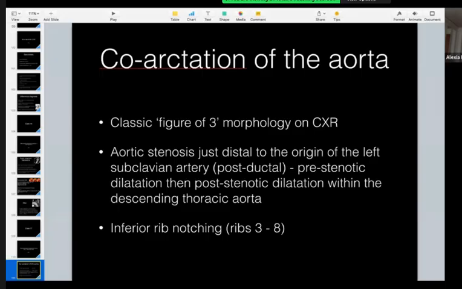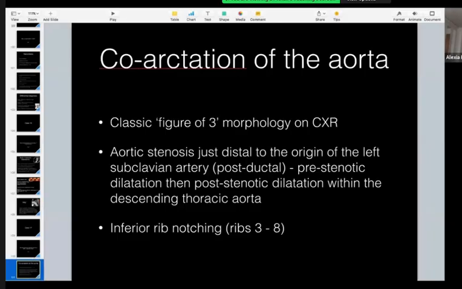And you do get a little bit of pre-stenotic dilatation and then post-stenotic dilatation within the descending thoracic aorta because of some holdup at that stenotic segment. And you're usually able to see inferior rib notching in ribs 3 to 8. Ribs 1 and 2 have a separate supply. The intercostal vessels there have a separate supply. So that's why you don't see inferior rib notching in those ribs.